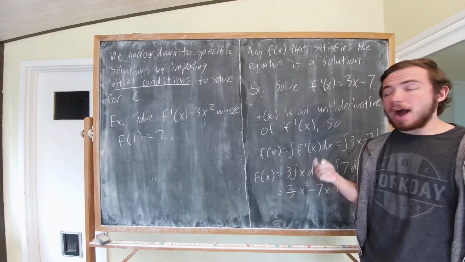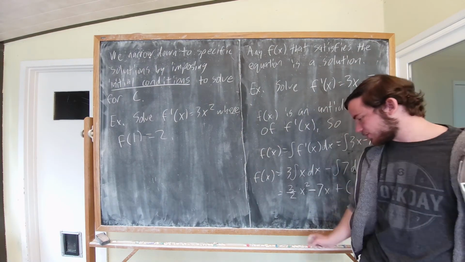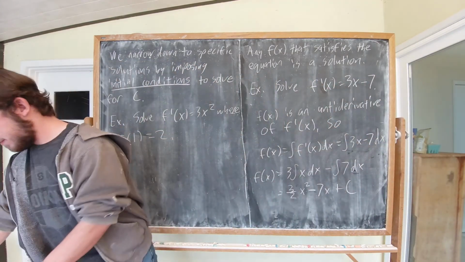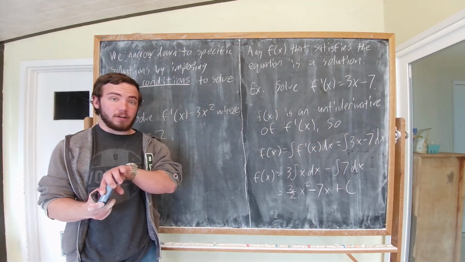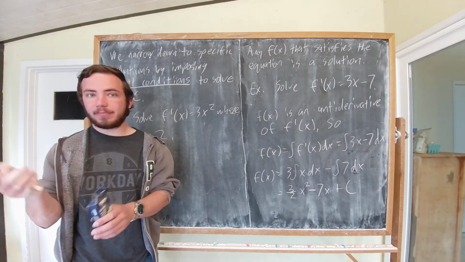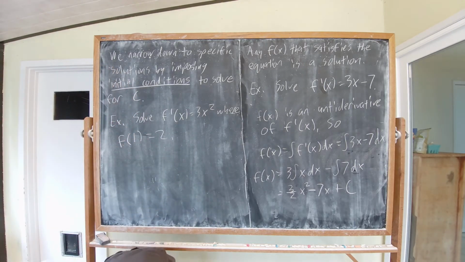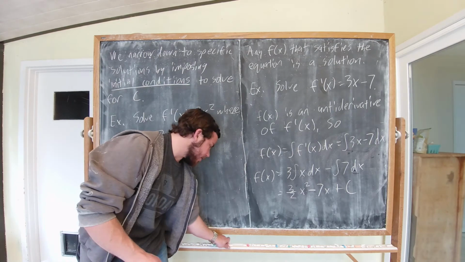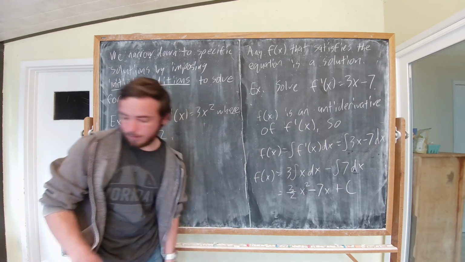Alright, so first, how do we solve these differential equations with initial conditions? The answer is first you solve the differential equation in general, and then you apply the initial conditions to narrow down your exact solution.